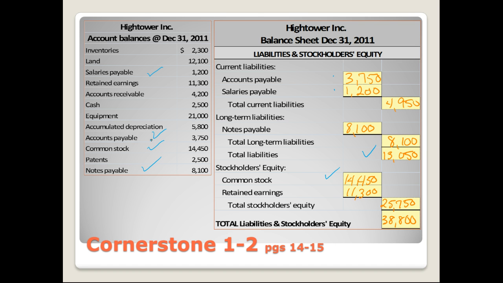And the retained earnings we found out was $11,300. My total stockholders' equity is this plus this, which gets me $25,750. If I add total liabilities plus total stockholders' equity, what do I get? Yes. It does work out. My balance sheet balance is $38,800.